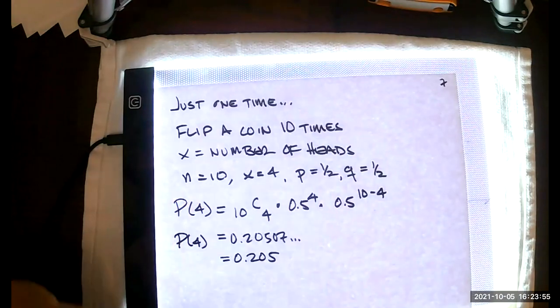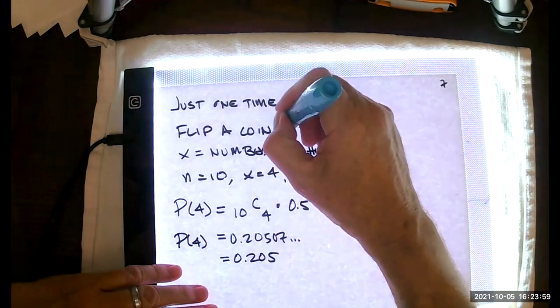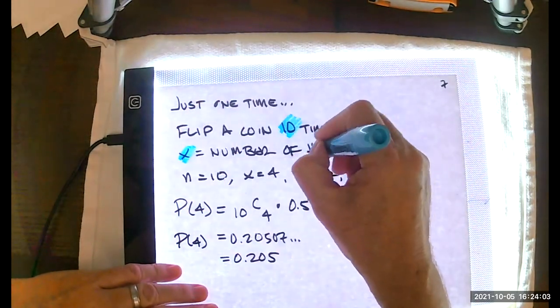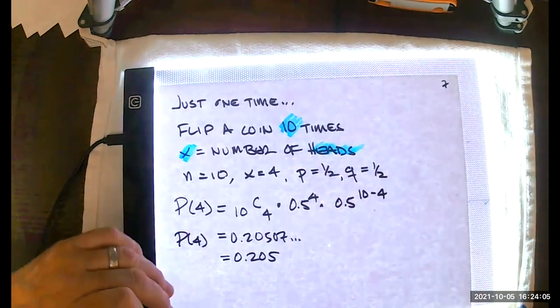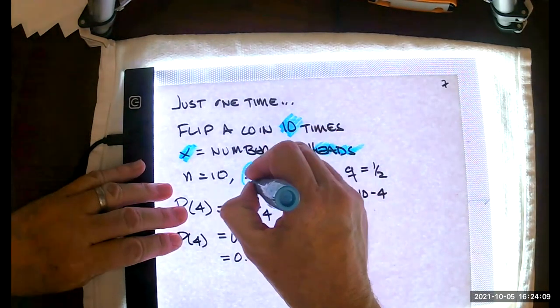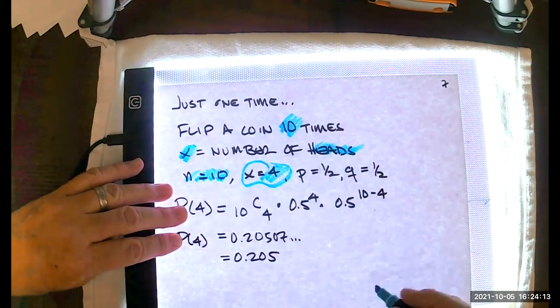So as I say, for just one time, we're going to flip a coin 10 times. We're going to let X equal the number of heads. So I want to find the probability of exactly 4 heads in those 10 flips.